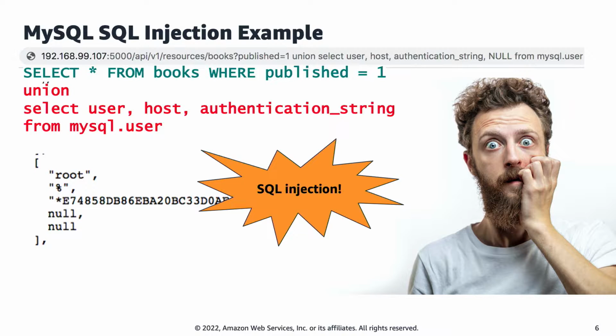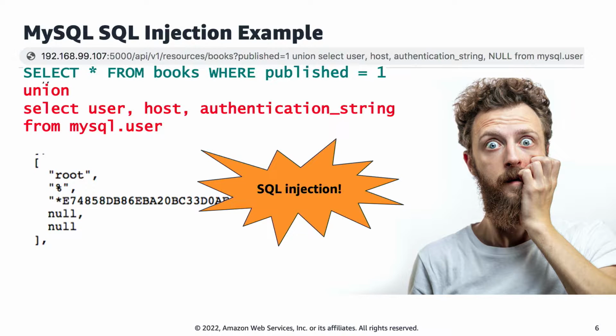And the red one is a bad actor trying to append this code to the original code. In this example, it's so bad that anyone can do it in the browser. You can just generate this query and it will work. You don't even need to escape the spaces here. It will just work. This is an SQL injection. This is bad.